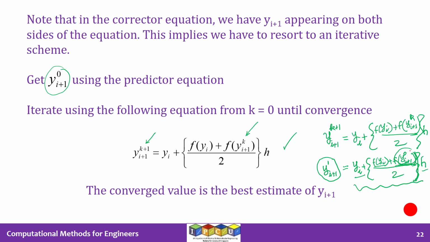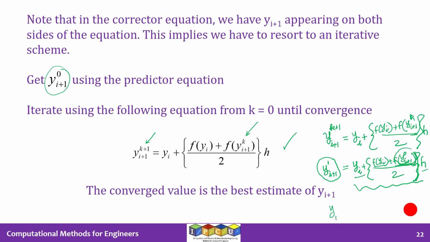So, if the gap between yi plus 1 1 and yi plus 1 0 is big, that means bigger than 10 to the power of minus 8 or 10 to the power of minus 4 or 10 to the power of minus 12, then what I will do is I will now take this yi plus 1 1 and put it back to the right hand side.